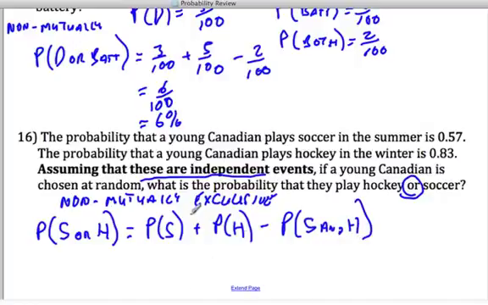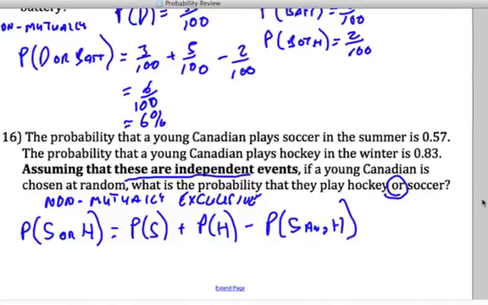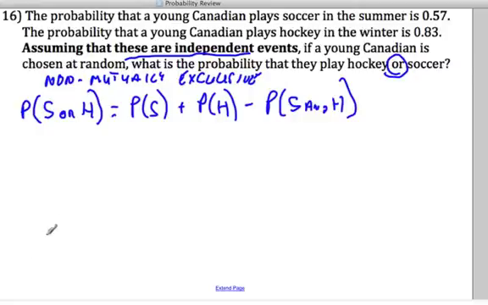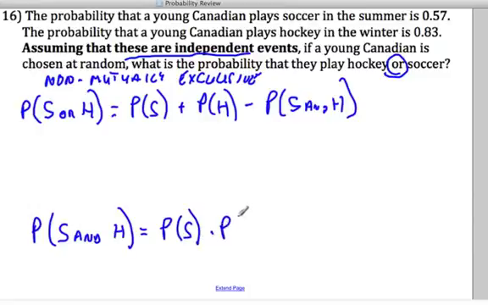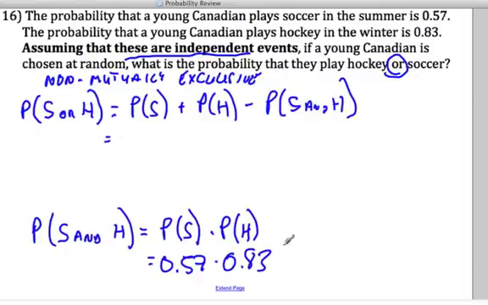Now, the key thing here is that we're not given this, but we can calculate it, because the probability of two independent events, the Canadian playing soccer and hockey, will just be the probability that they play soccer times the probability that they play hockey, which is 0.57 times 0.83.